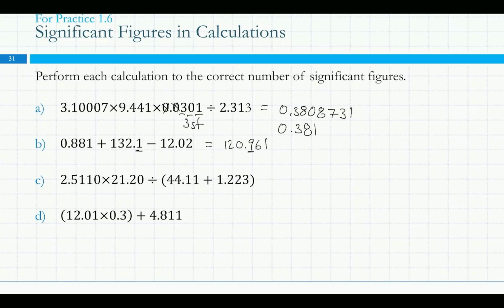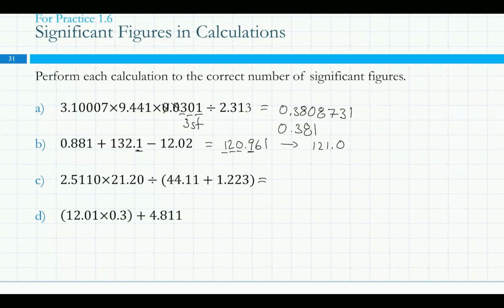Then the non-zero numbers and interior zeros that come before that are also sig figs. So our final answer here has 4 sig figs. When I keep that 9, the next digit's 6, so I got to round up. Would love to take more time on these, but okay.